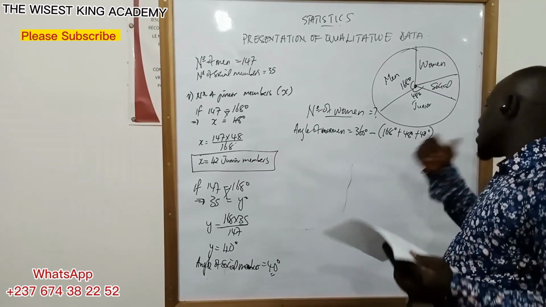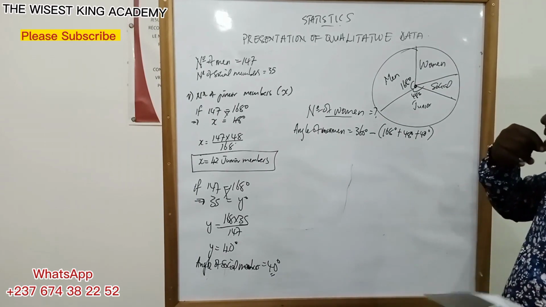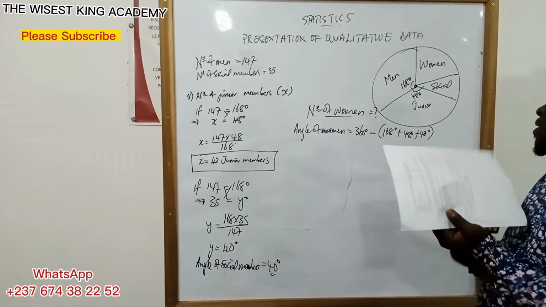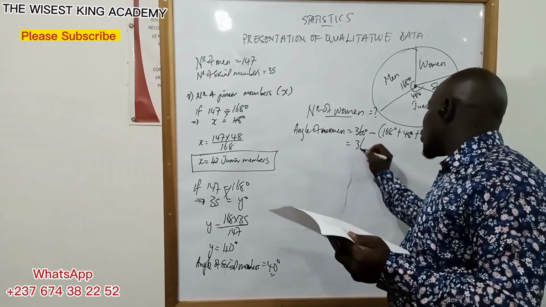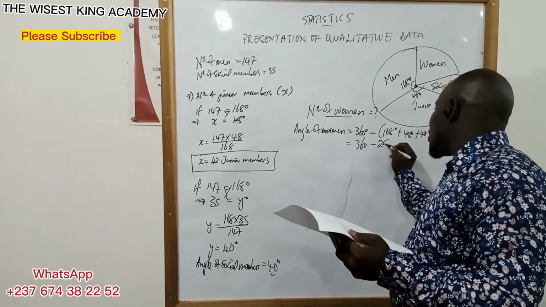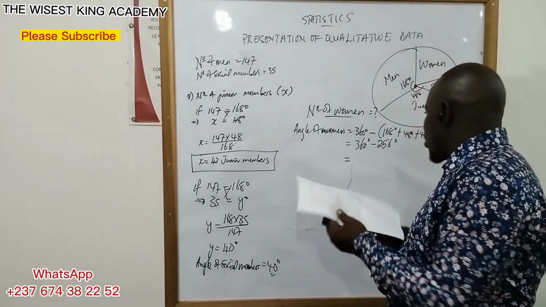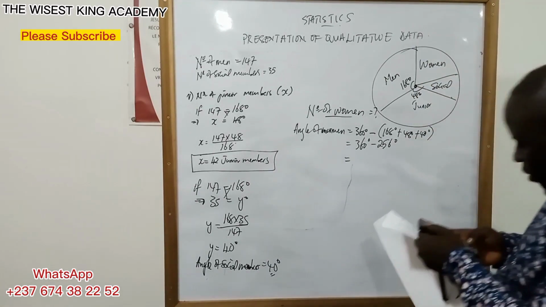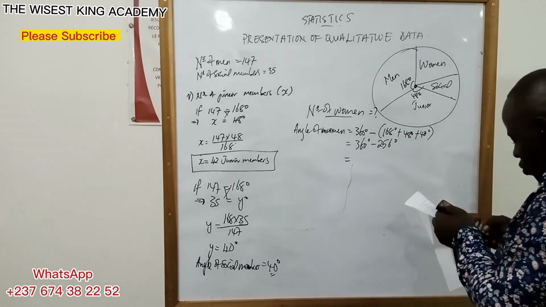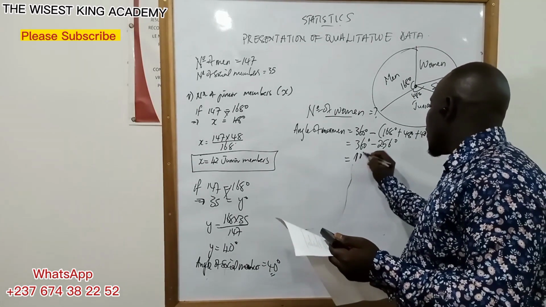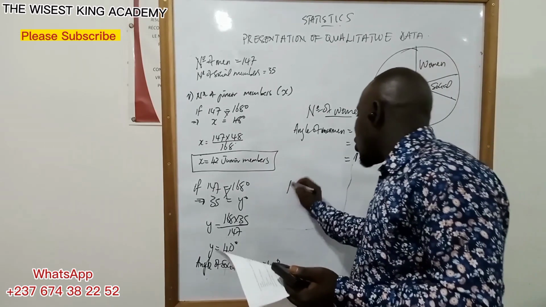If I add this here, that's going to give me 208 degrees, 248 degrees, 256 degrees. So this will be 360 minus 256 degrees. So the angle of women will be 104 degrees.